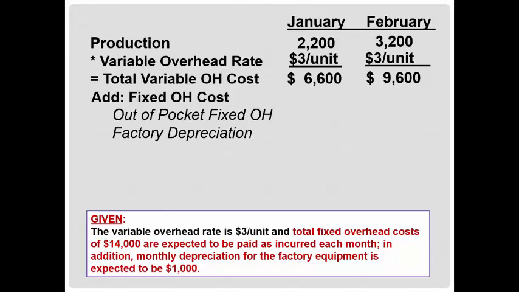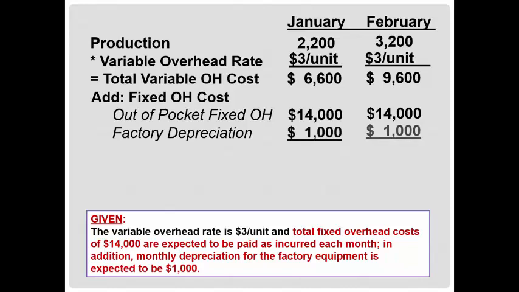Both of these are expected overhead costs, and they occur in each month. So we'll add $14,000 in each month for the out-of-pocket or paid as incurred fixed overhead costs. This would be for factory rent or factory property taxes. And then we'll add the depreciation of $1,000 for each month to get our total budgeted manufacturing overhead.